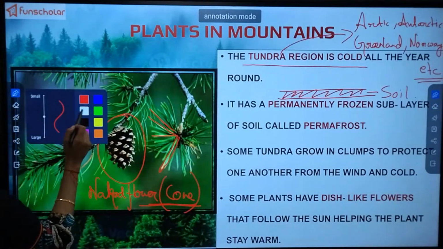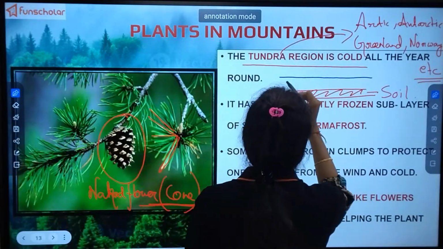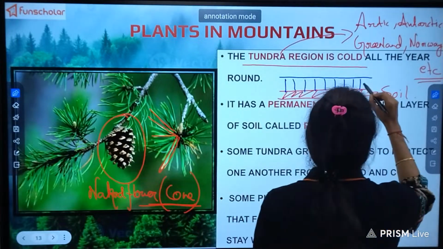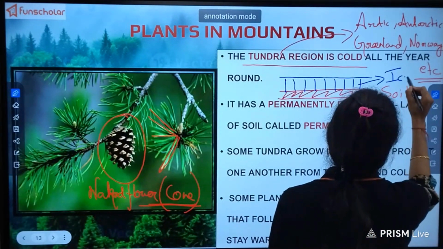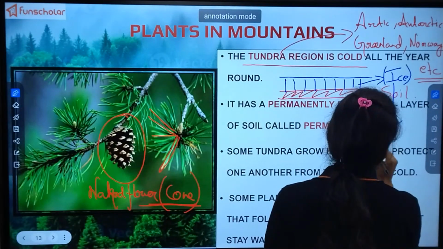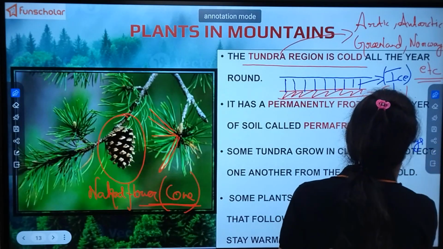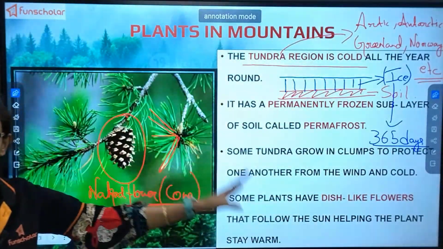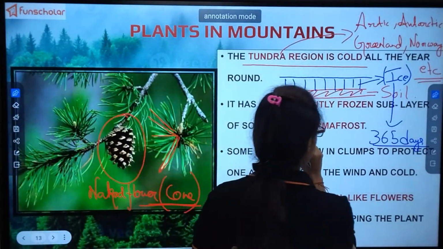And above this they have a thick layer of frozen ice which prevails throughout the year. This permanently frozen layer of ice is known as permafrost.